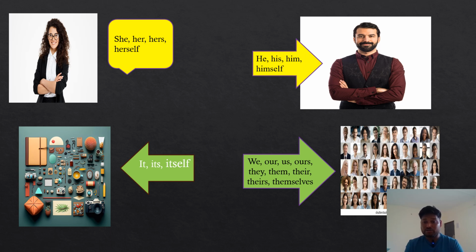Sometimes it might be the subject of a sentence, sometimes it might be the object of the sentence. So I spoke to him. Here him is the objective realization of the pronoun he.